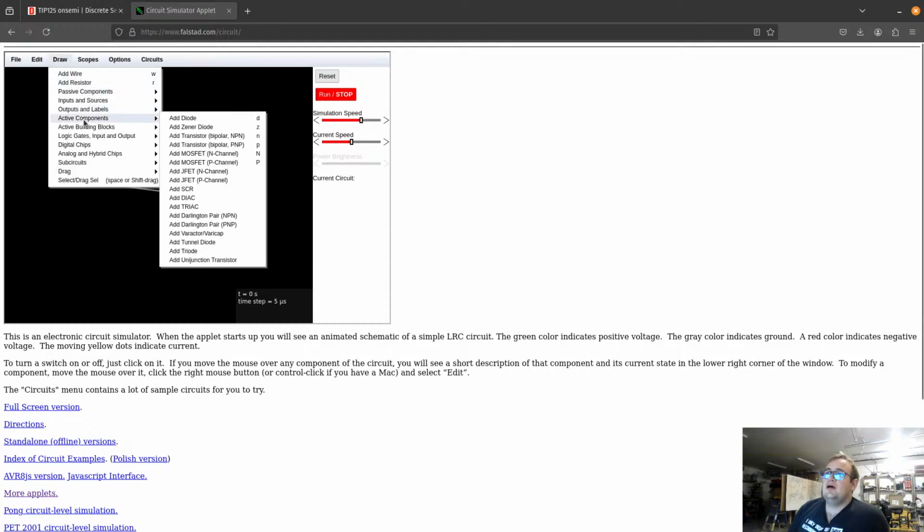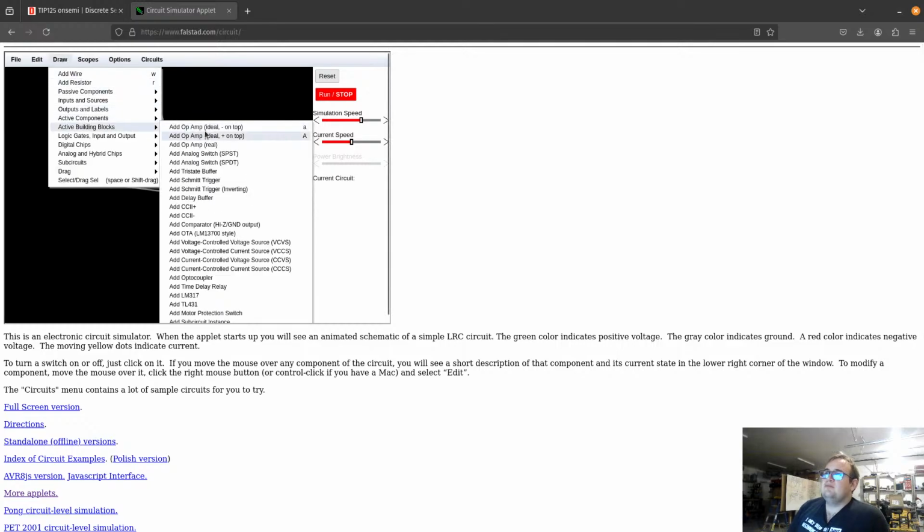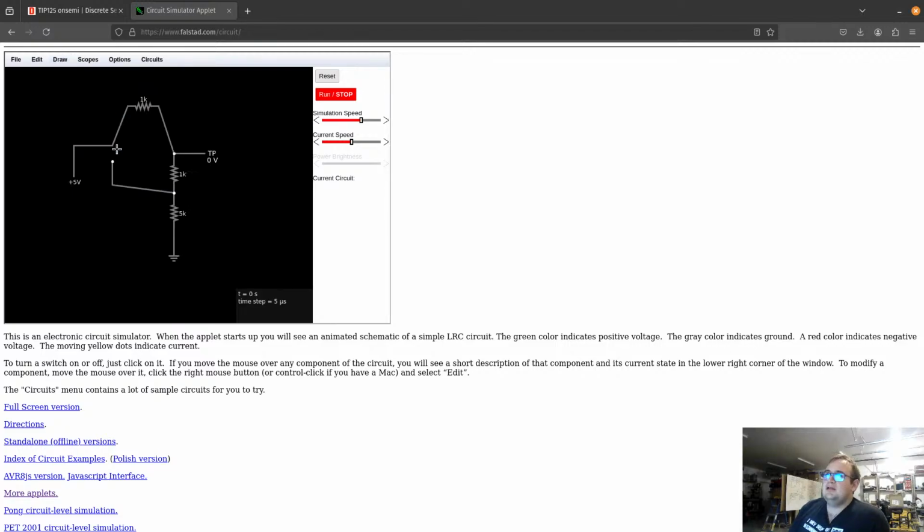We'll draw active building box, negative on top, and then I'll escape here. Right there. And there we go.